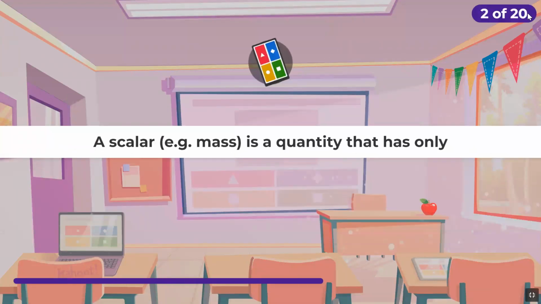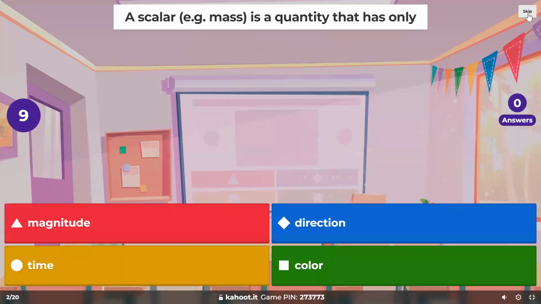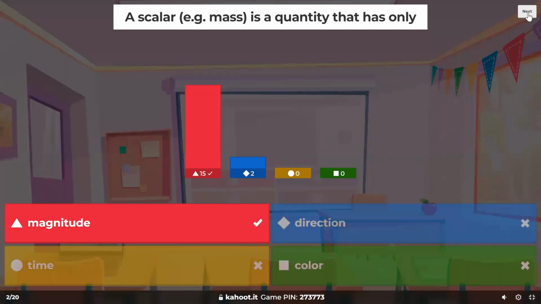A scalar, for example mass, is a quantity that only has a magnitude. So you might say the mass is equal to 3 kilograms, but there's no direction associated with that.